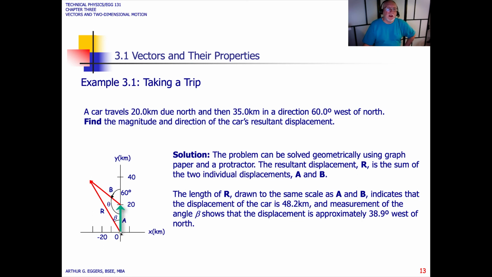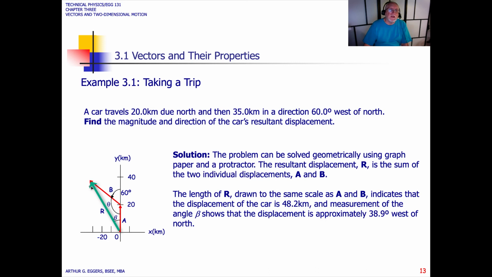You can see here that it moves in the y direction 20 kilometers. Okay, so it's straight north. And then B, we moved 60 degrees off of the y-axis in a direction that accounts for 35 kilometers. Okay, so you can see here we have a resultant.